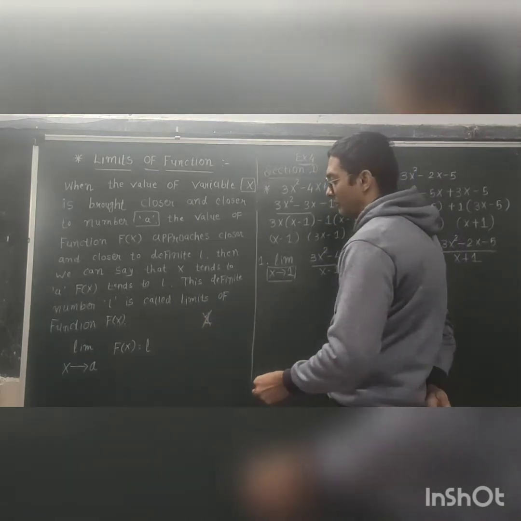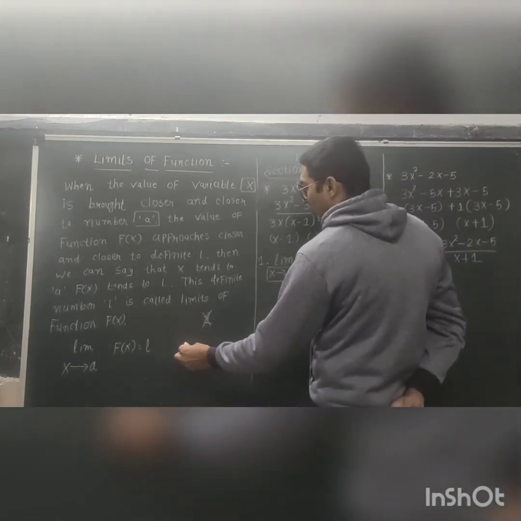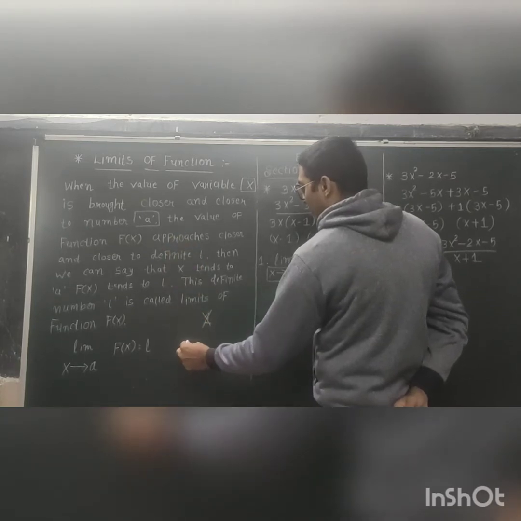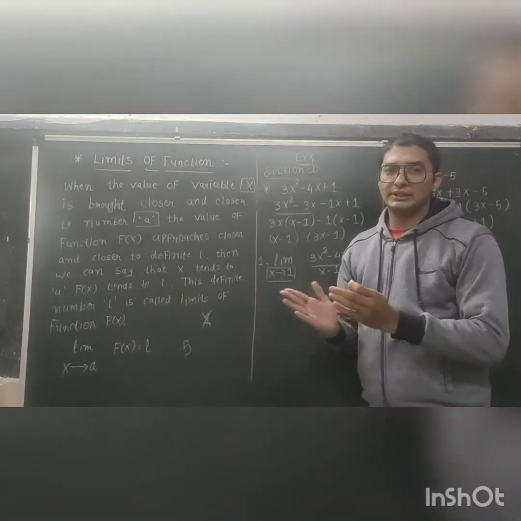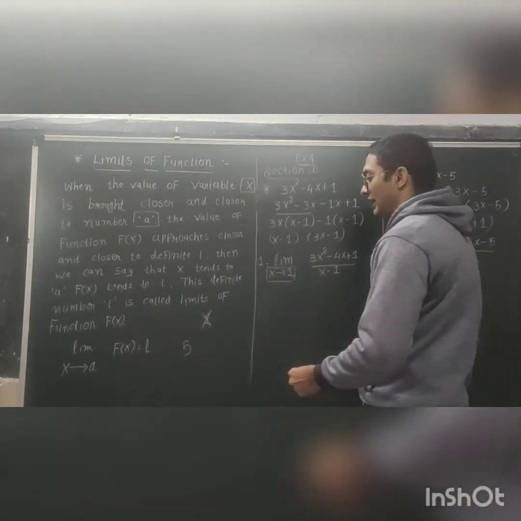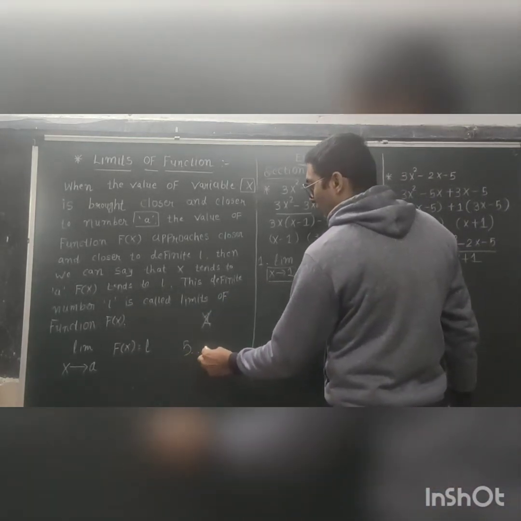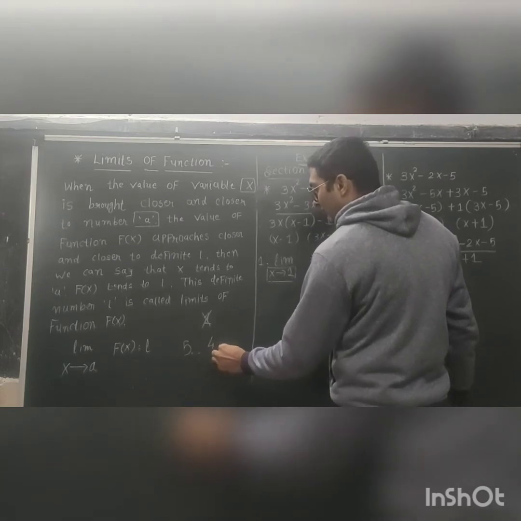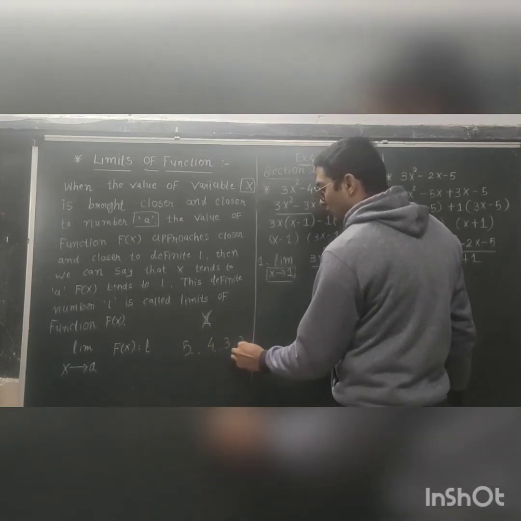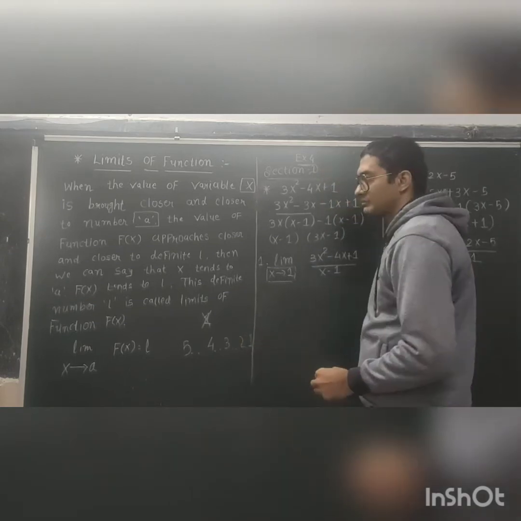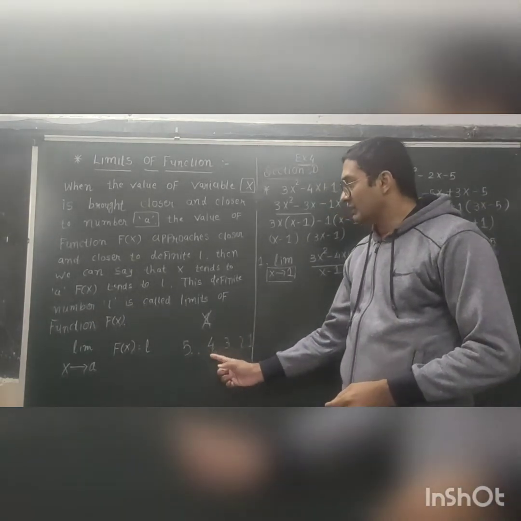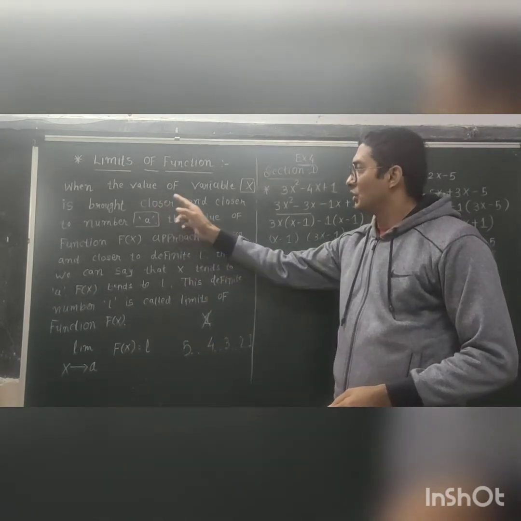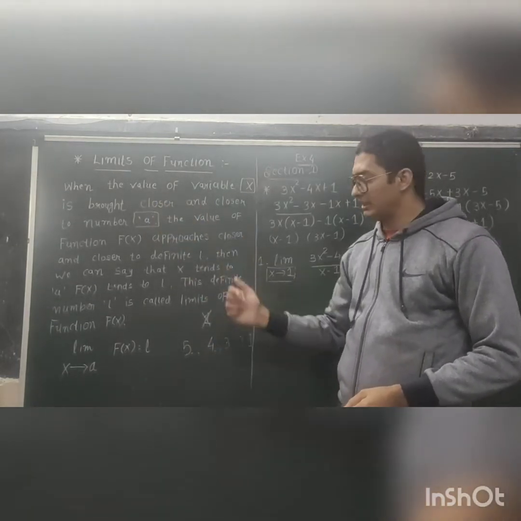So first of all, on trial basis, if I am solving the limit by taking 5, then we can say that the value is quite high. Then we go down to 4, then 3, then 2, and then finally 1. So I am going nearer and nearer, closer and closer to number a.